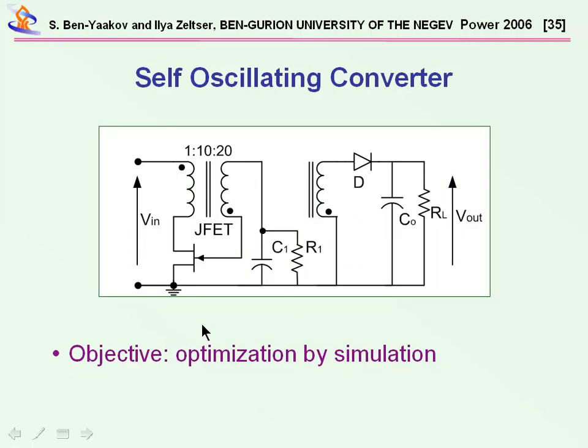As an example of an application, if we consider a relaxation oscillator or converter, what we have here is basically a saturable element, a feedback winding, and an output winding. What really happens is that this element goes into saturation, and then it changes the feedback path, and therefore it will come out of saturation, and by that it will switch from one state to another.